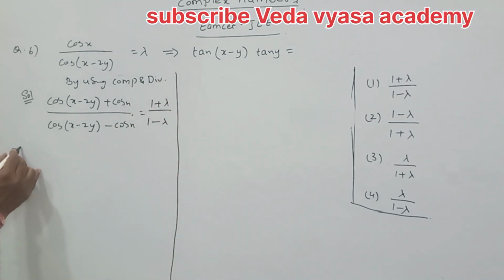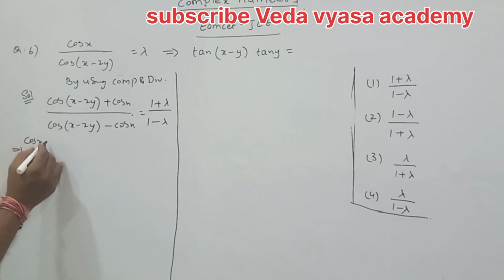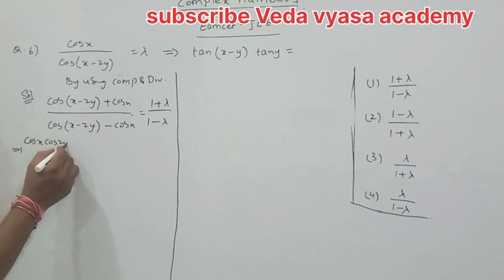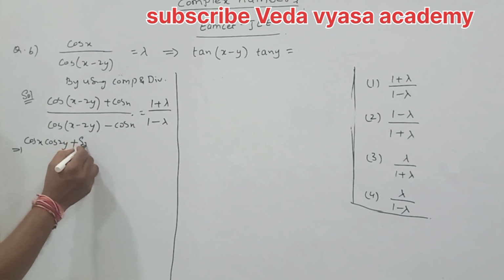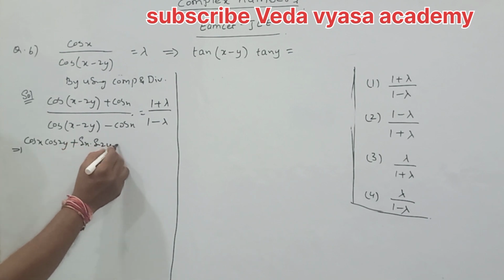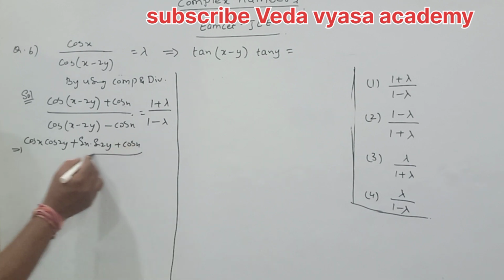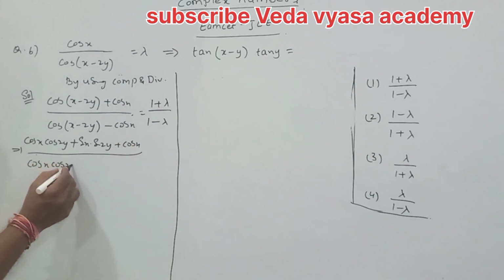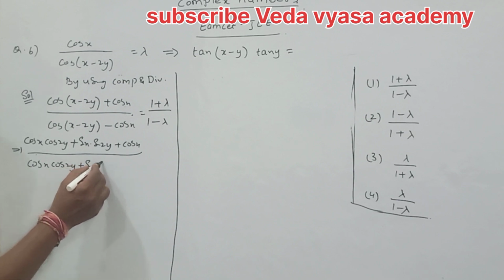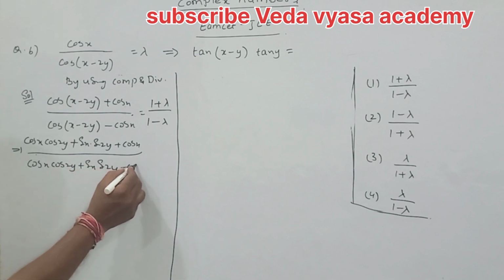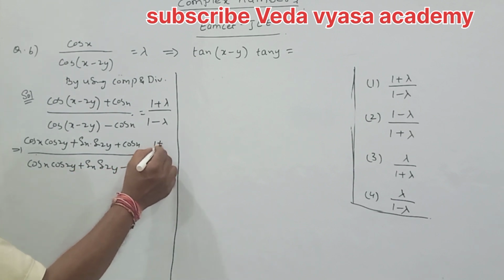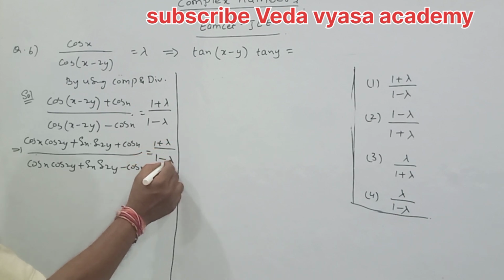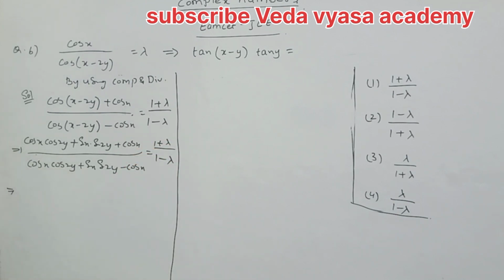So we have cos x cos 2y plus sin x sin 2y plus cos x, by denominator cos x cos 2y plus sin x sin 2y minus cos x, is equal to (1 plus lambda) by (1 minus lambda).